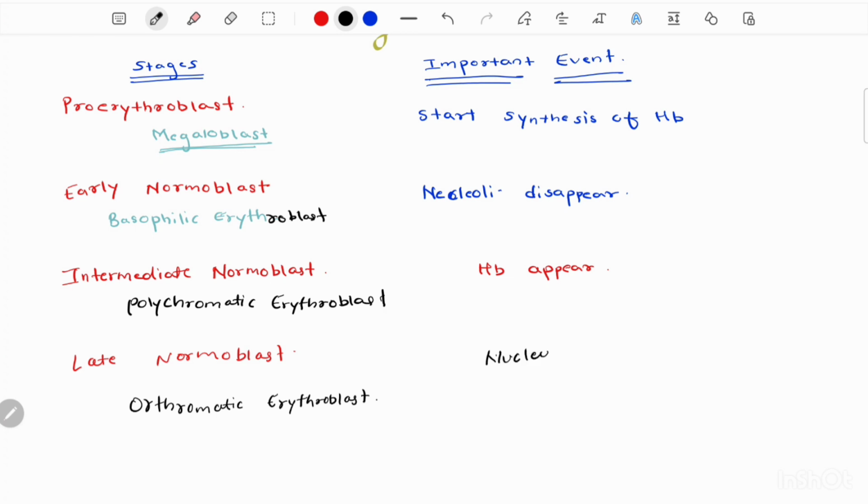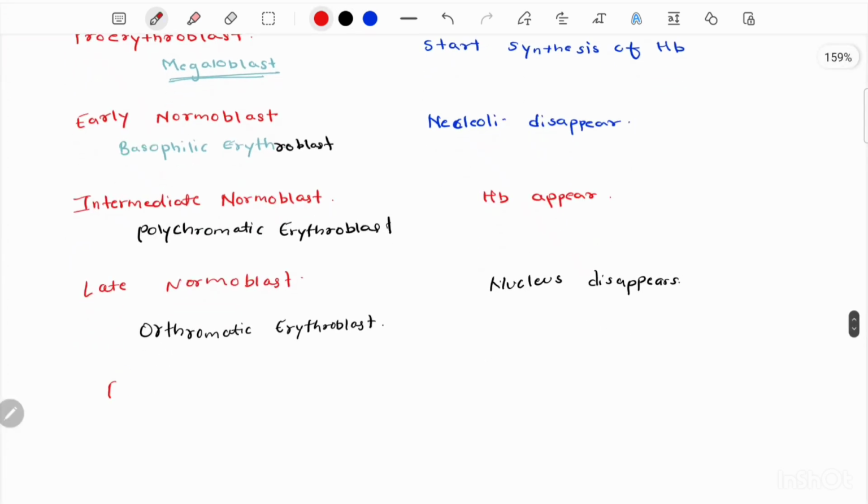The important event to remember in late normoblast is that the nucleus disappears at the very end of normoblast, just before passing to the next stage, reticulocyte. Reticulocyte is also known as immature RBC.